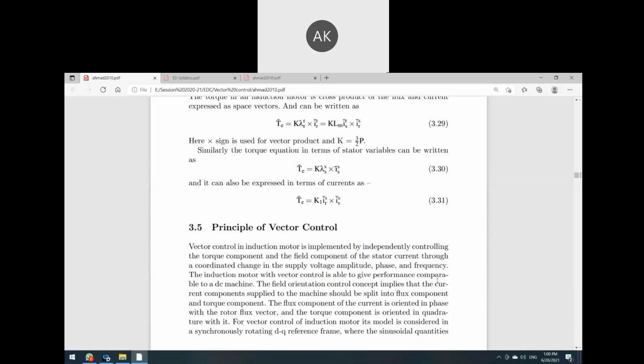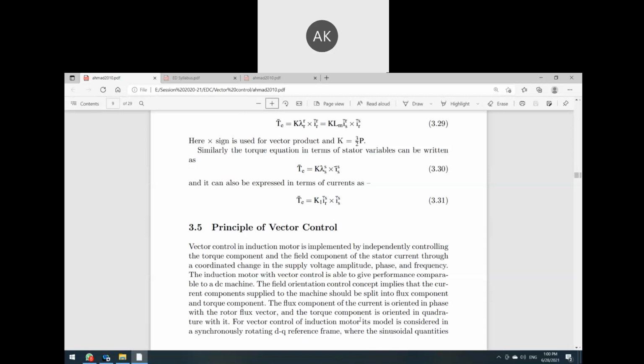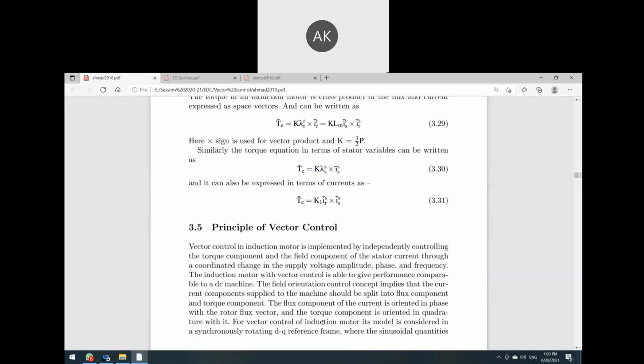And the relationship for that we have already discussed in the previous topic. There, the flux component of the current is oriented in phase with the rotor flux vector, and the torque component is oriented in quadrature with it. Means the torque component is the q-axis component, and the flux component is the d-axis.